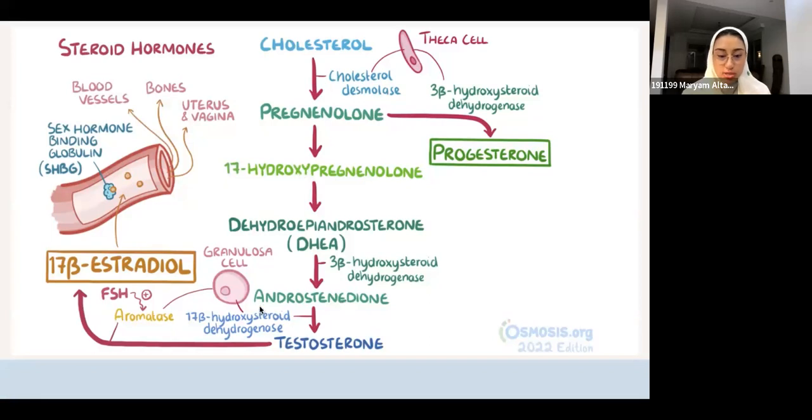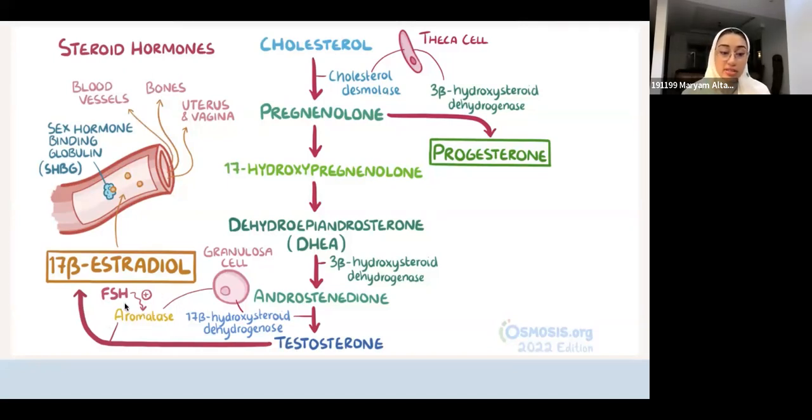This is a very useful enzyme, as you can see. And then it's converted into androstenedione. And then that is converted into 17-beta estradiol in our granulosa cells by the aromatase enzyme.